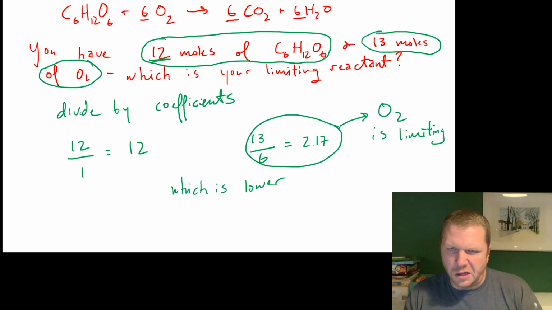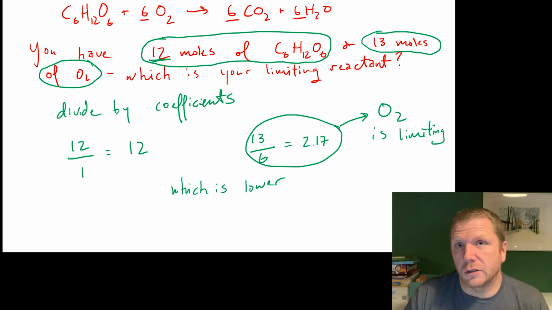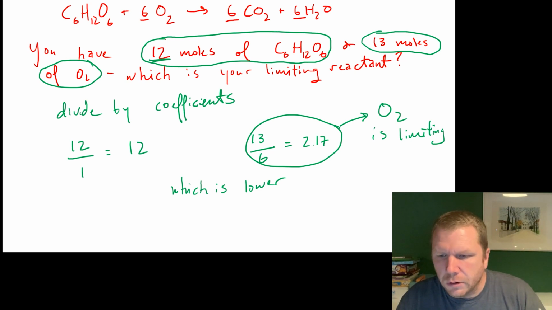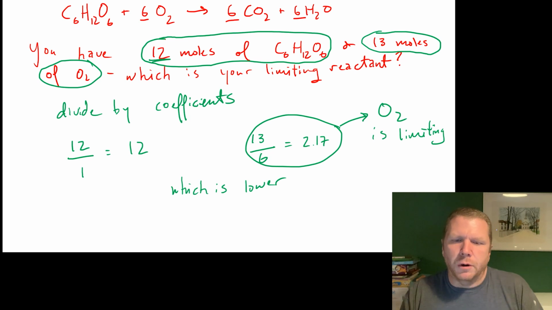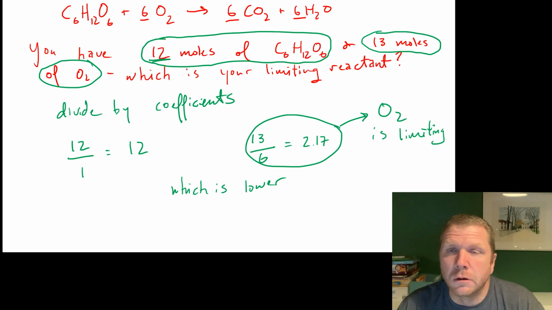So by virtue of that being your limiting reactant, C6H12O6 is your excess reagent. You could go on and do other things, but all that we were looking for in this problem was which of these two reactants, given the amounts that you have, is your limiting reactant. And that's all there is to it.